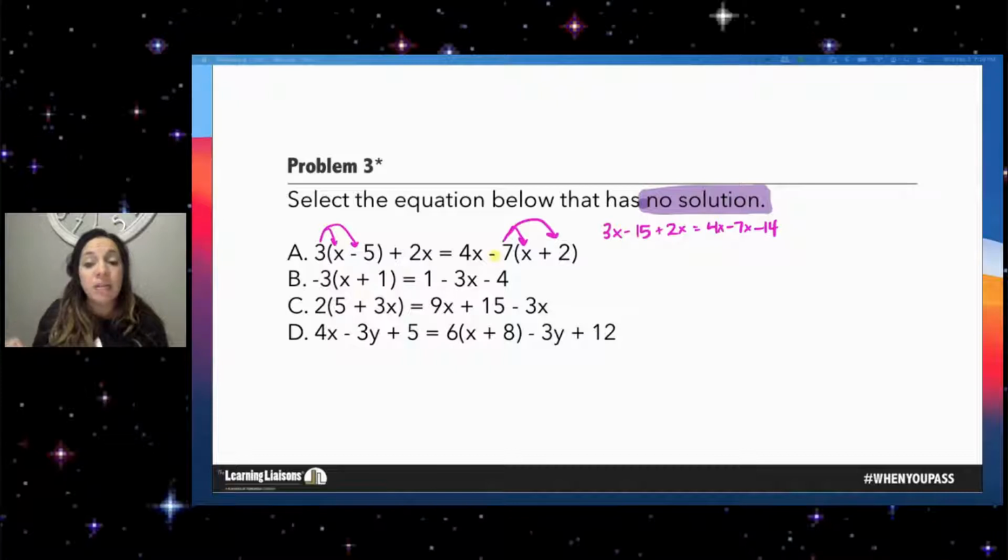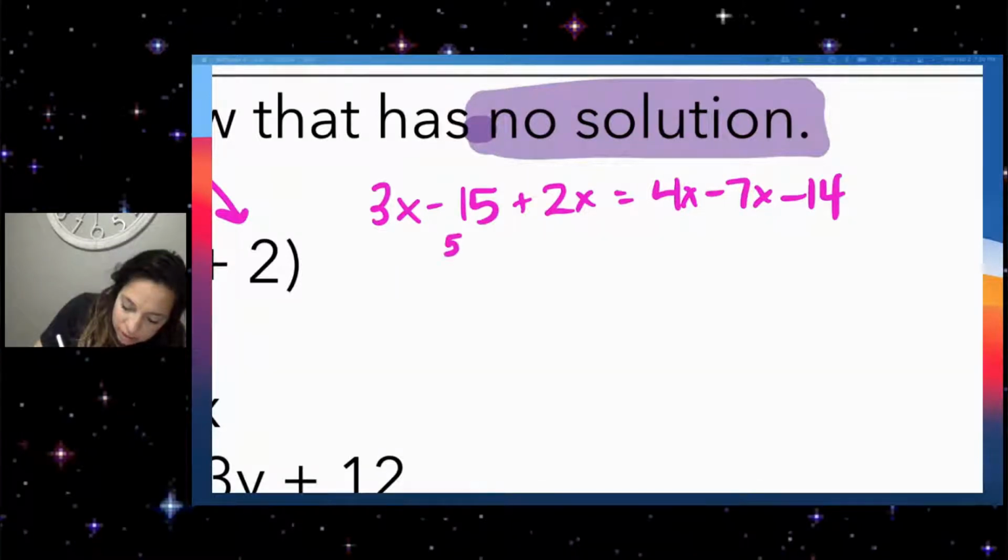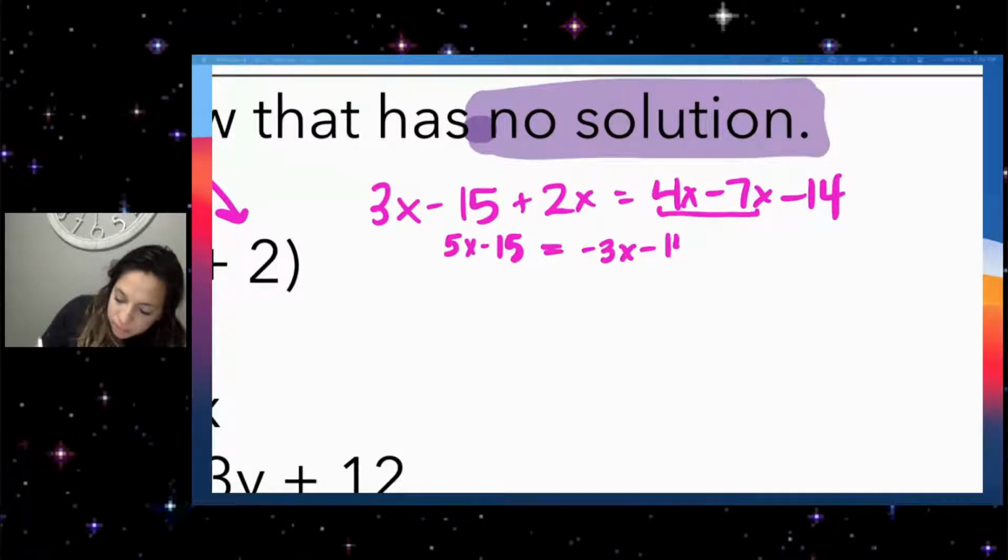When I simplify this, I'm only going to combine things that are alike. So 3x plus 2x is 5x minus 15 equals -3x minus 14. Add 3x to both sides, and I get 8x minus 15 equals -14. Add 15 to both sides.